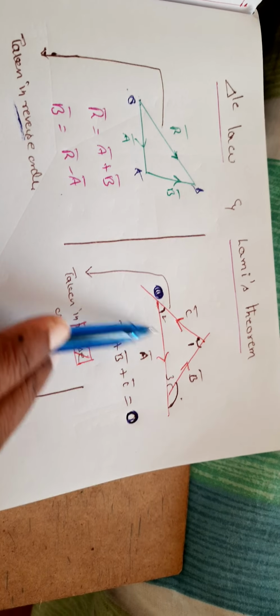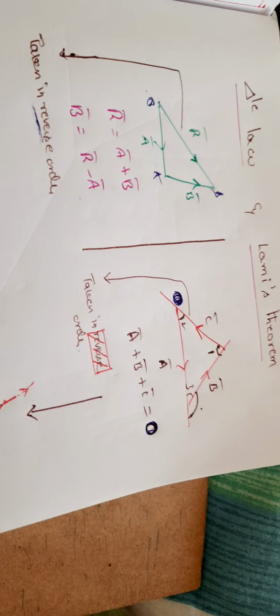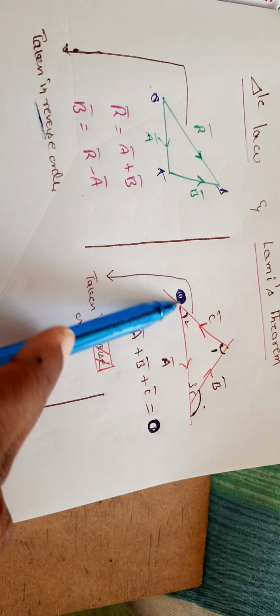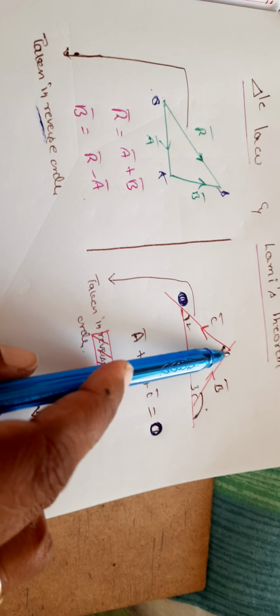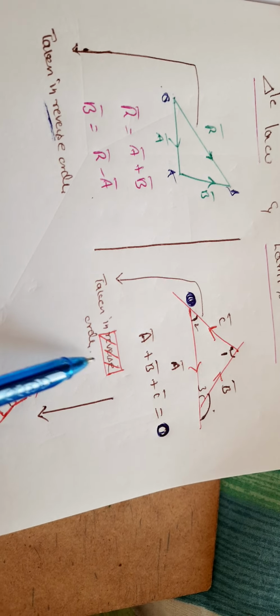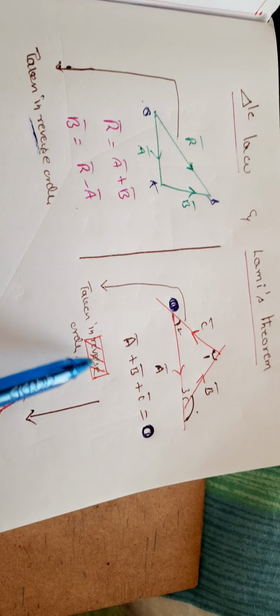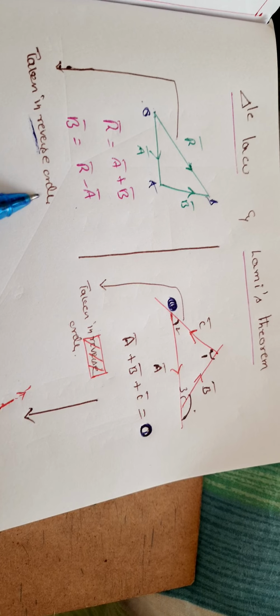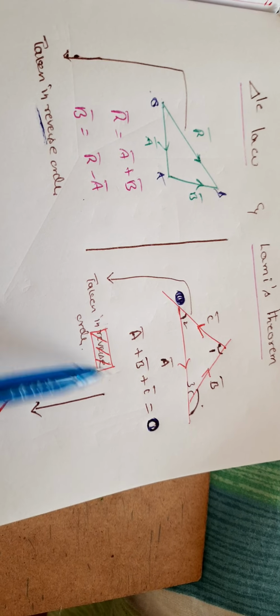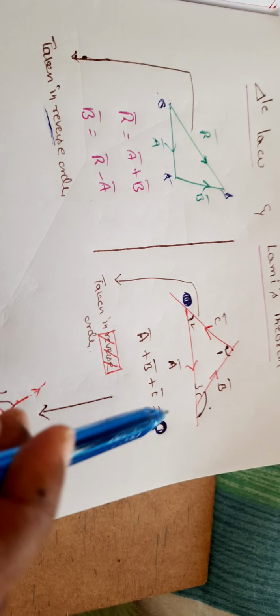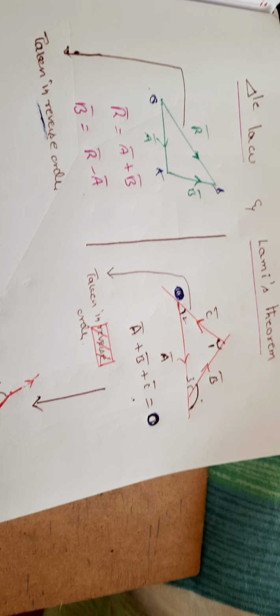So in this particular case, Lamy's theorem is going to help us. So what is happening here? These two are taken in order. Of course, the third one is also in order. So reverse is disappearing from here. The reverse order, in case of the normal triangular, is missing in the special case of triangular where the resultant is 0.